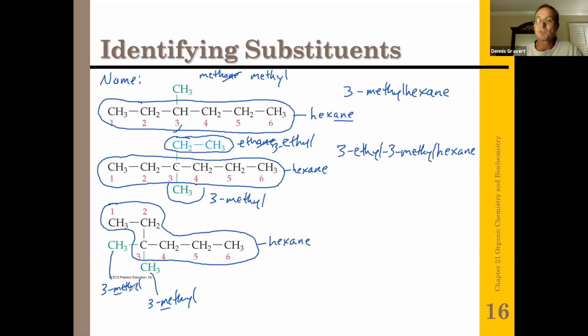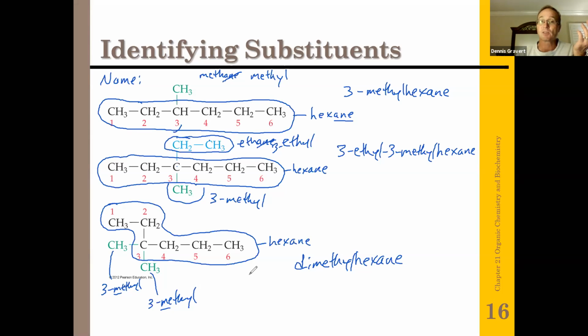If the same group shows up more than once, you only say that group methyl one time, and you throw another prefix in front to say how many times it showed up. Well, it shows up twice, so that's di. So we're going to say dimethyl. And then we're going to put the parent name next, hexane. Cool, dimethylhexane means chain of 6 and there's 2 methyl branches, but where?